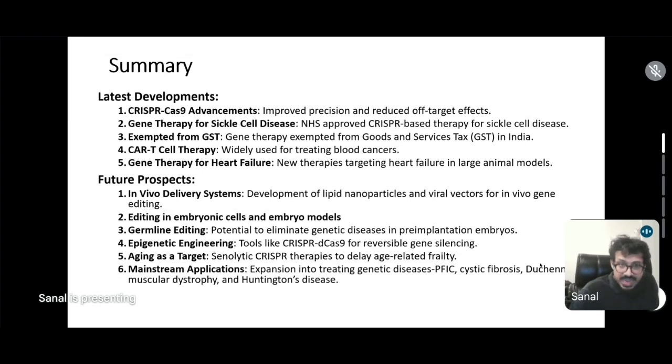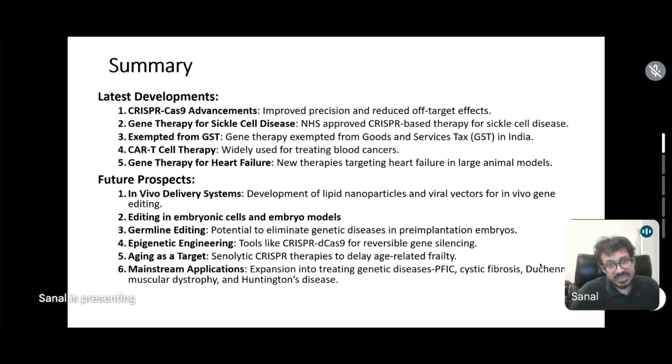Probably the development in lipid nanoparticles or completely engineered viral vectors or proteins, maybe using AlphaFold or several artificial intelligence tools, we will be able to develop highly efficient gene delivery tools, which will make the use of virus as a gene delivery tool in future.